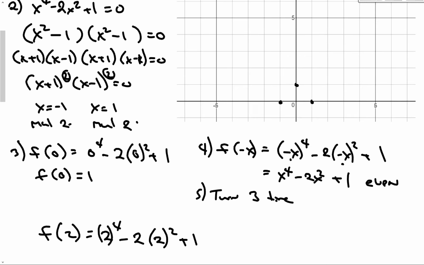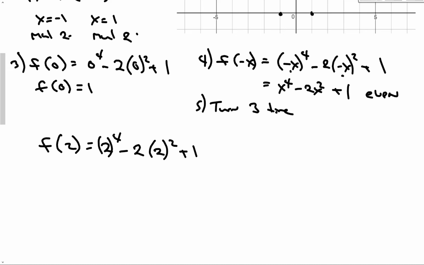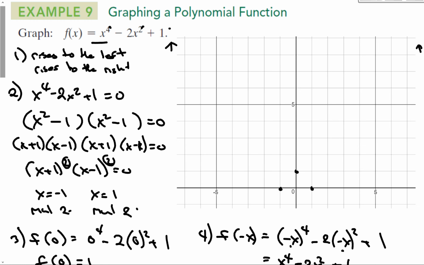Need a little more room here. Okay, so when I calculate this, 2 to the 4th power minus 8 plus 1 gives me 9. So I know if I plug in 2, I get 1, 2, 3, 4, 5, 6, 7, 8, 9. Oh, look how convenient that is.